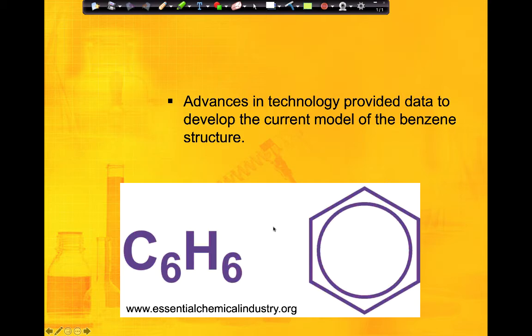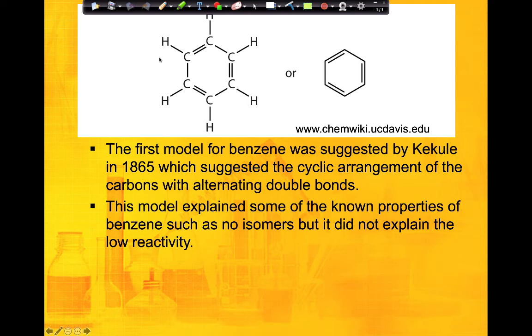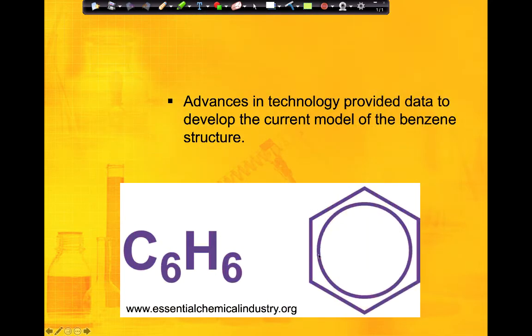What ended up happening is when we take benzene and put it into an IR spec, or an HNMR, or other types of spectroscopy, we see that even though the structure is this, we don't see these alternating single and double bonds. So technically we have resonance. This is one of the things they use to prove resonance.